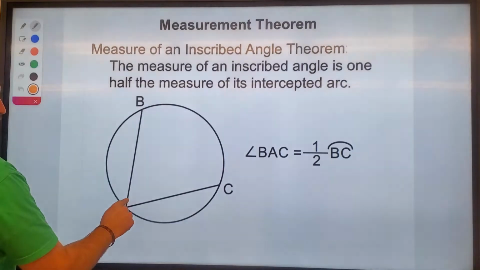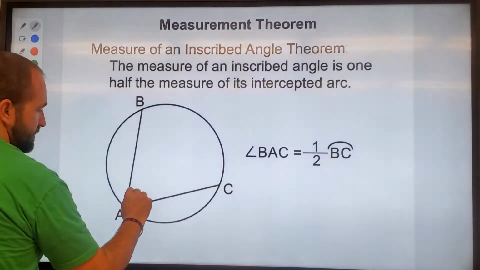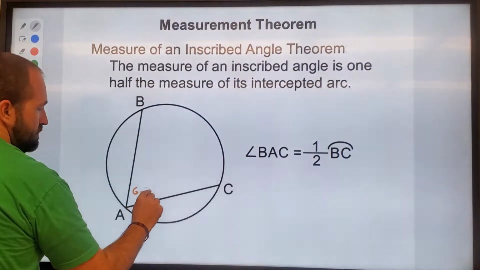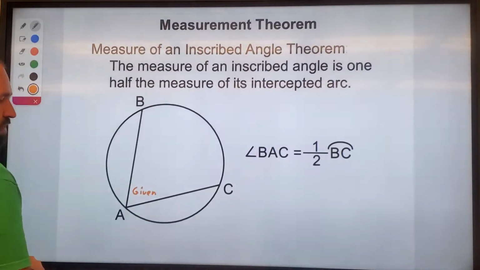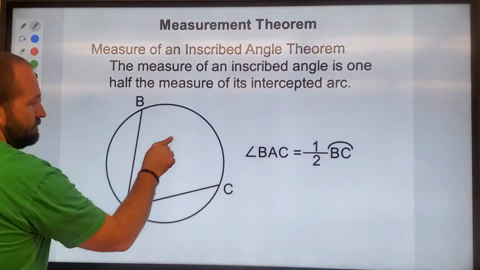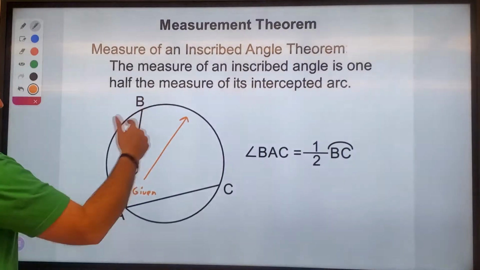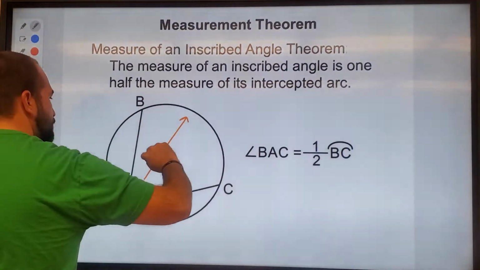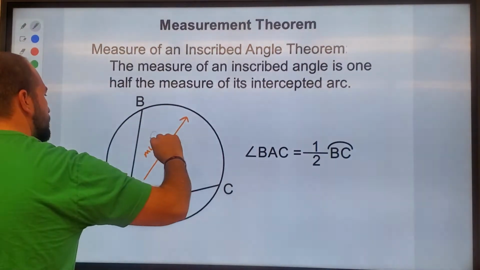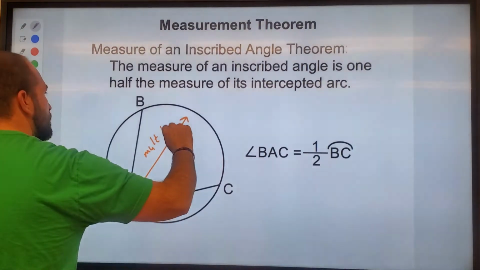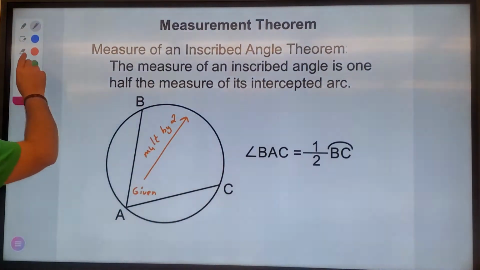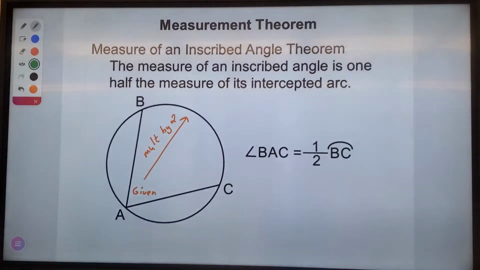If I have the angle, okay, so let's say I'm given the angle and I work my way out, and I'm finding the arc, then I'm going to multiply by 2. Okay, because again, an angle is half of the arc itself. So if I give you the angle, I can multiply by 2 and get that double size.